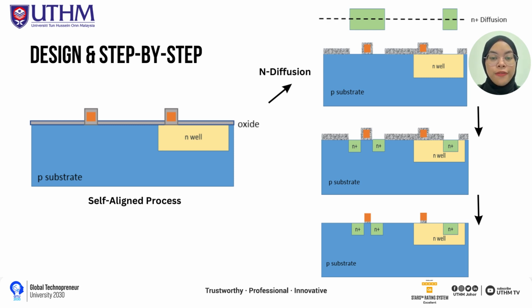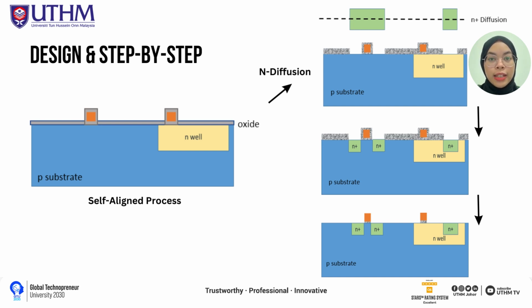As we know, in fabrication, the N-well is created in the P substrate and it is formed with diffusion or ion implantation. Referring to the figure, oxide and masking are used to expose where the N+ dopant should be diffused or implanted. NMOS source, drain, and N-well contact are formed by N diffusion.